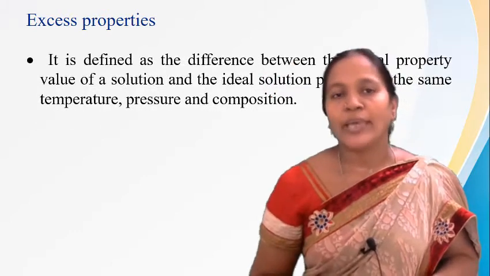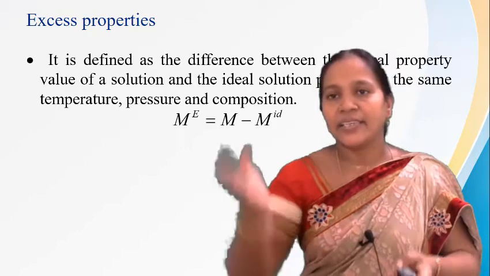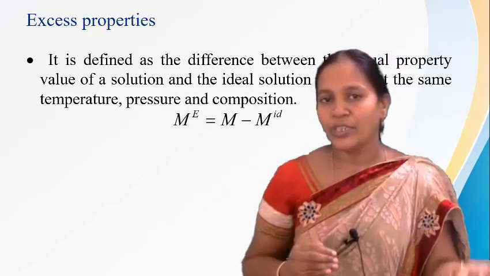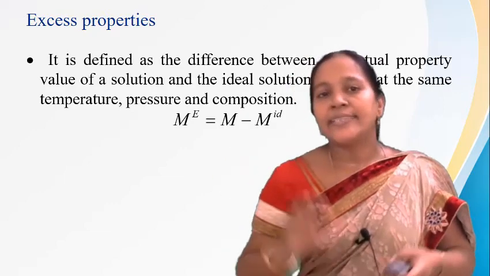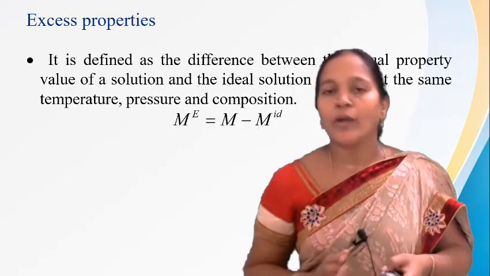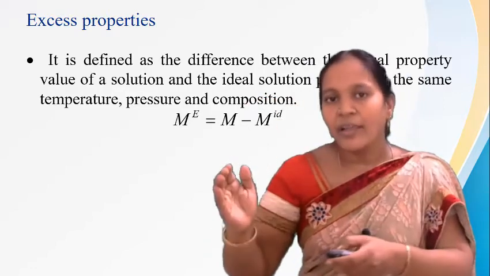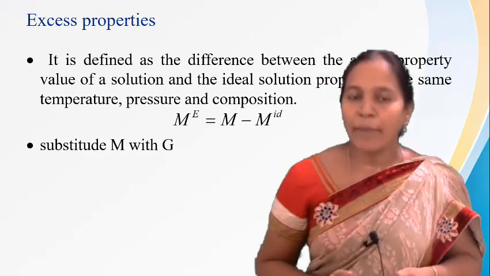Now coming to excess properties. Excess property is defined as the difference between the actual property of the solution and the ideal solution property at the same temperature, pressure and composition. Mathematically, excess properties are denoted with ME is equal to M minus M ID.